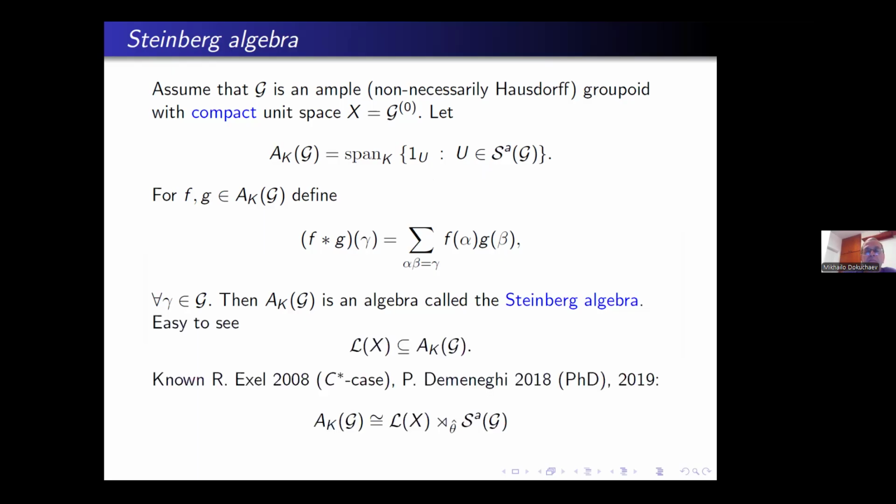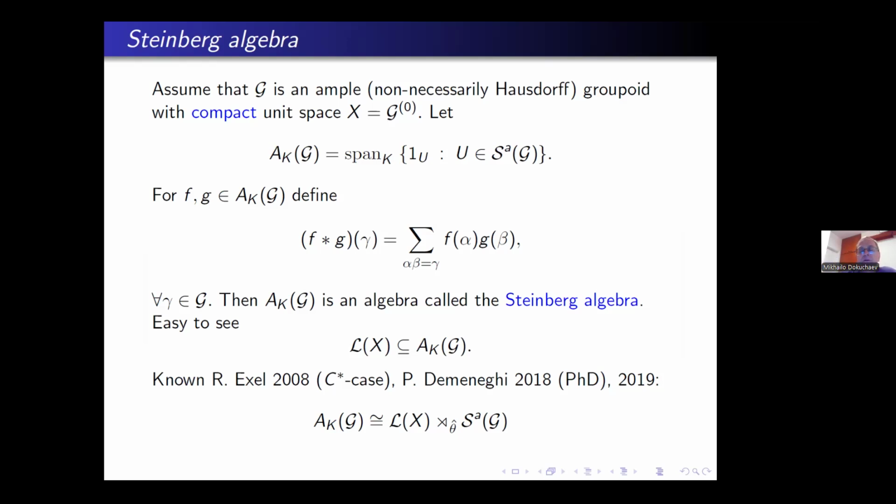Then the locally constant functions form a subalgebra, and it is known that the Steinberg algebra is a crossed product by the action theta hat. In this case, you can see it in the paper by Axel in the Bulletin of the Brazilian Mathematical Society, 2008.